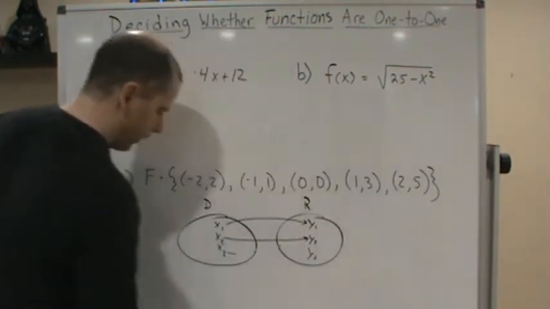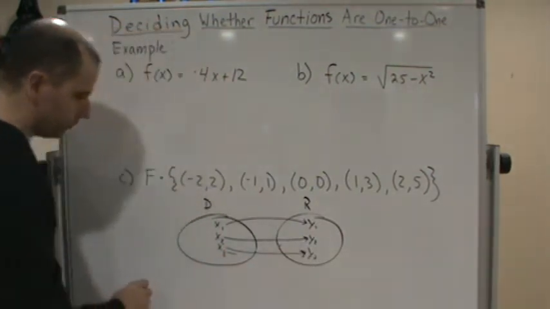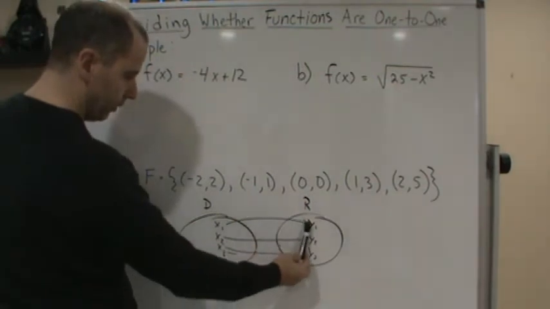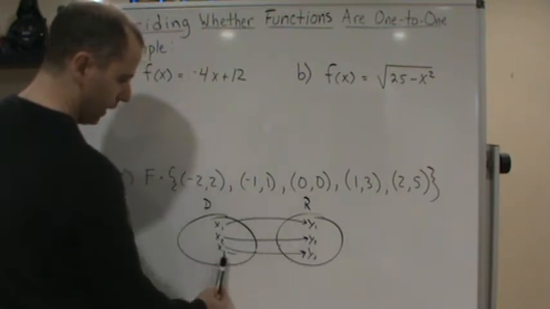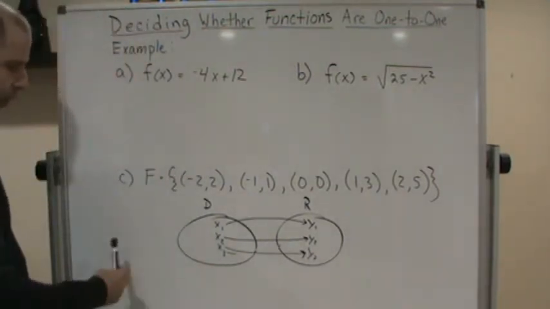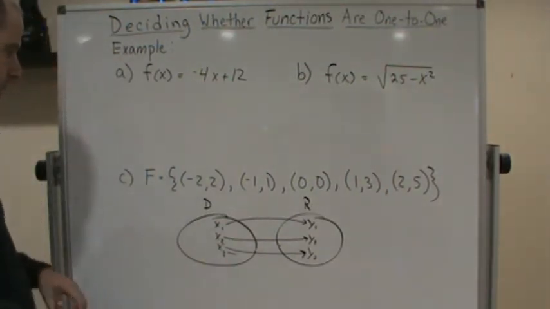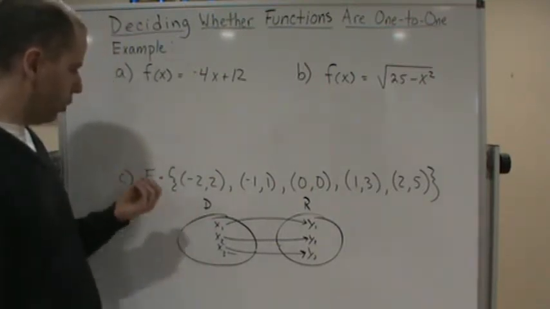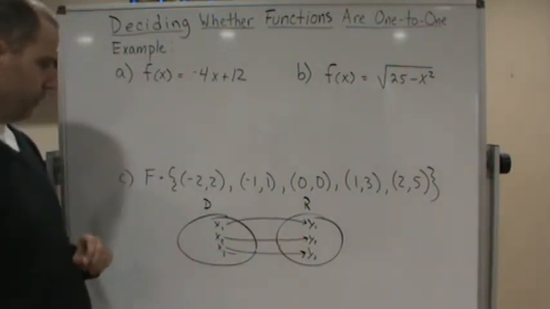To make this a one-to-one function, I would have to change it like that. One-to-one functions always have one arrow going from one x to one y, one x to one y. So when we go to F here, what are we looking for? We're looking for no repeats in the y variable.